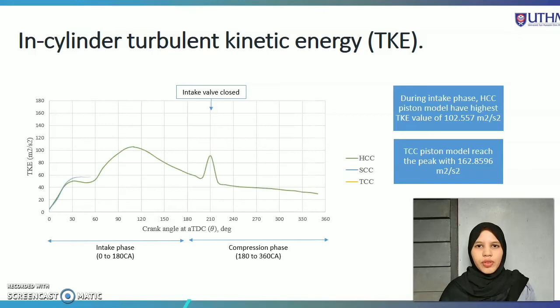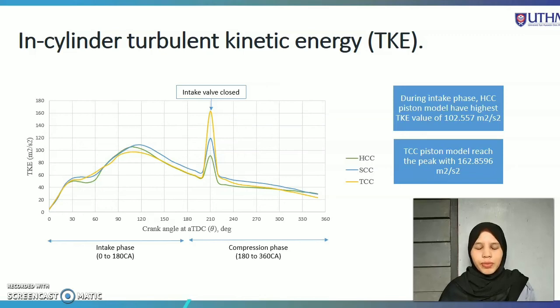Lastly, a graph of turbulent kinetic energy versus crank angle is plotted to view the TKE generation throughout the simulations. Why TKE? Based on previous studies, the TKE value can indicate the turbulence generation that is helpful for combustion. Based on the graph, it is observed that TKE increases and peaks during the closing of the intake valve and decreases afterwards.